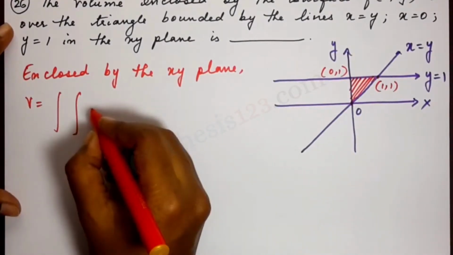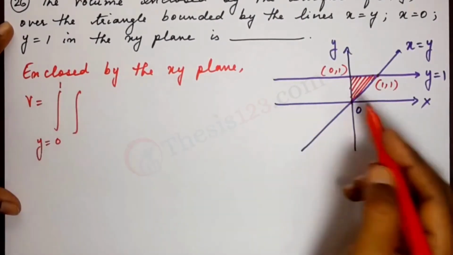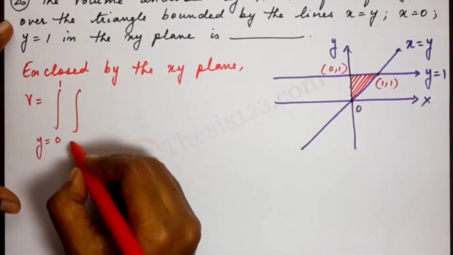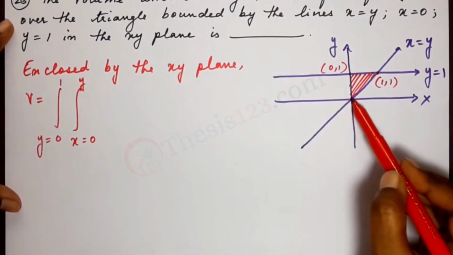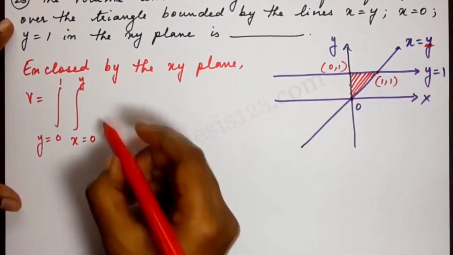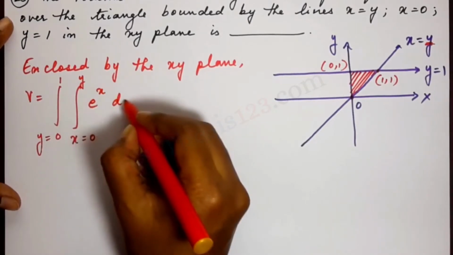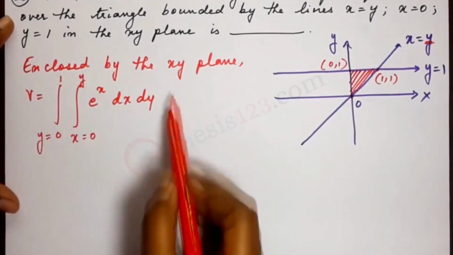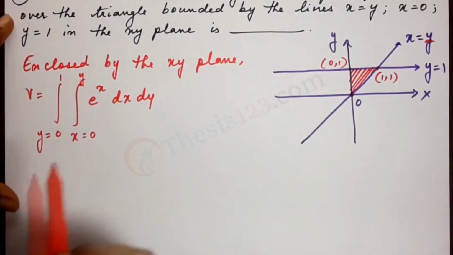So we start with y equals 0 to 1, and x equals 0 to y. So the function given is e^x dx dy. So this is our integral equation which we'll have to solve.